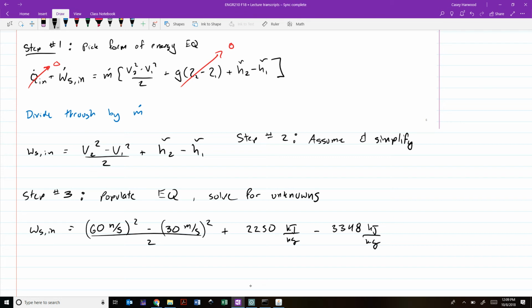That is the shaft work per unit mass. So if W dot is the rate of shaft work, and we divide it by the rate of mass flowing through it, you can do some word algebra here, and you cancel out those rates and end up with shaft work per mass.